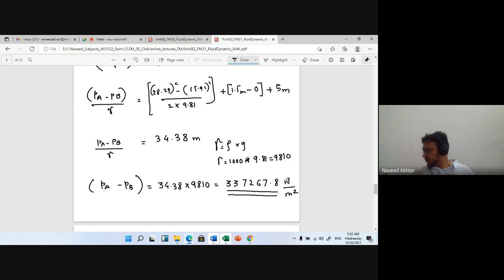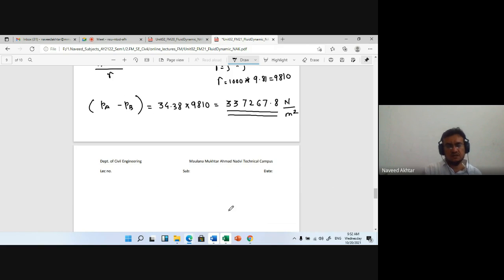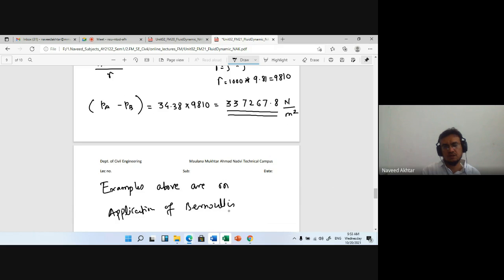So today we have solved examples on the Bernoulli equation. These examples are on the Bernoulli equation, not applications. In the next class we'll see the applications.